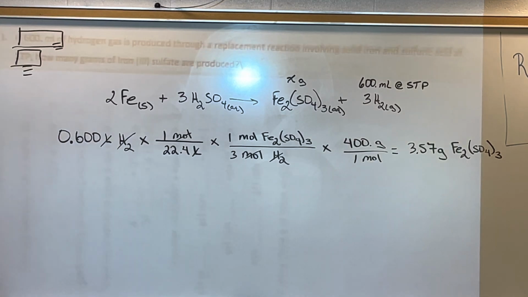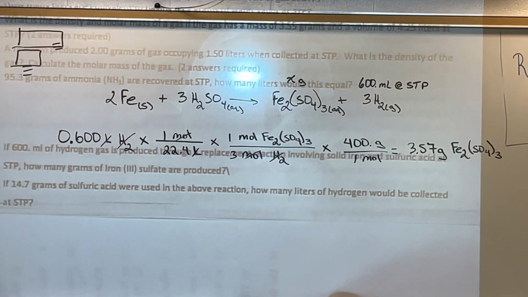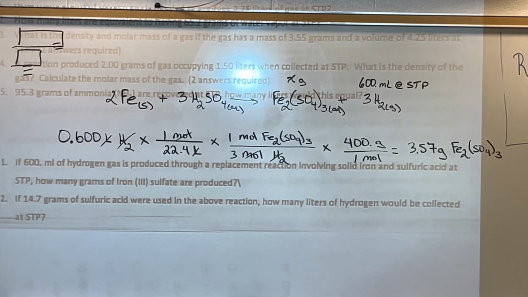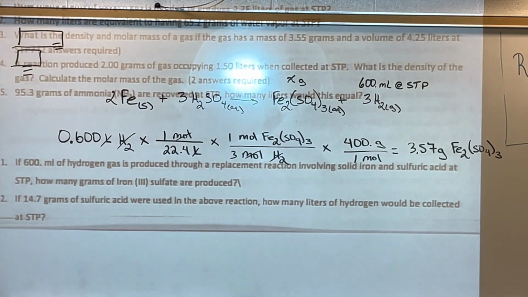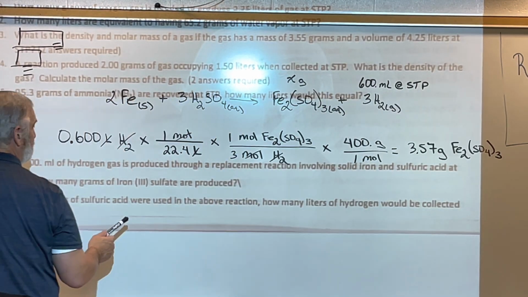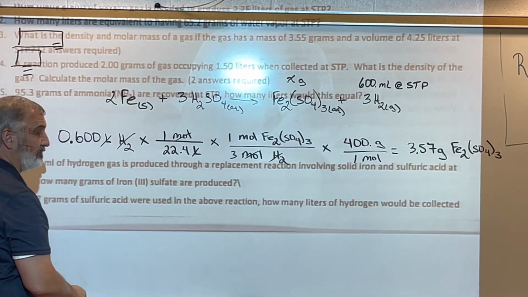So let's look at number 2. It says that 14.7 grams of sulfuric acid were used in the above reaction. So we're still going to use this reaction.